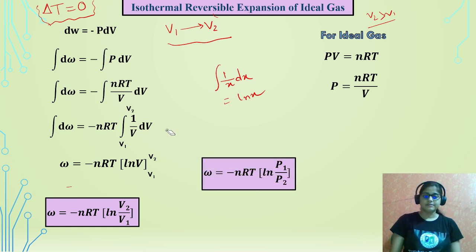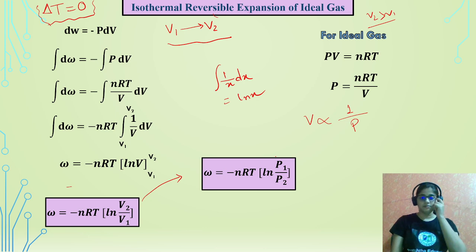So what I have done here: for an ideal gas, volume is inversely proportional to P, or P is inversely proportional to V. So if we rearrange this equation with that idea, it will be constant by P, so the constant will cancel, and P1 by P2 will be there, right?